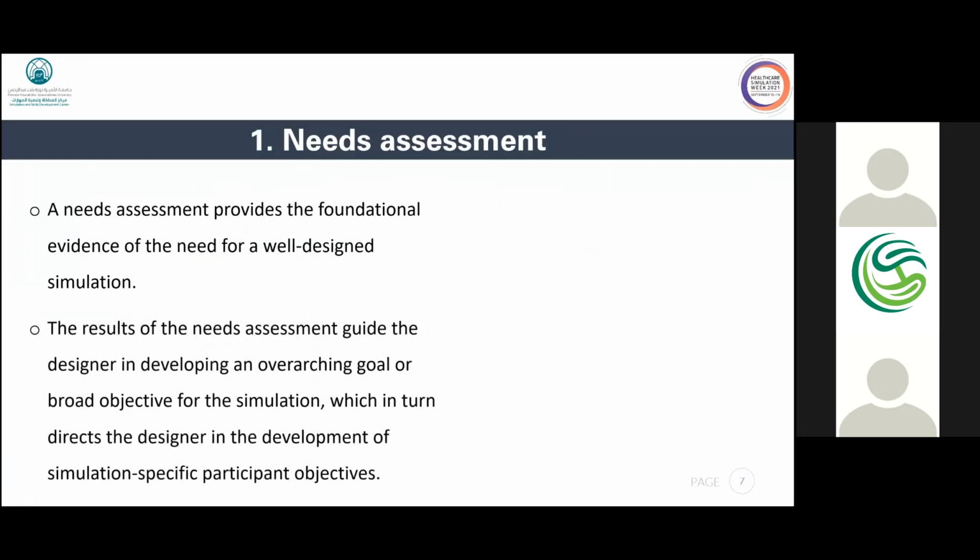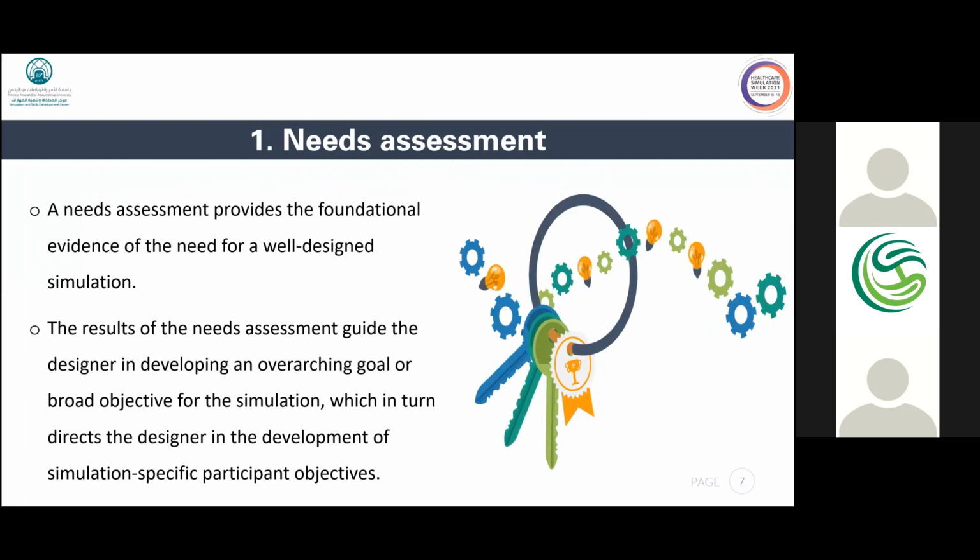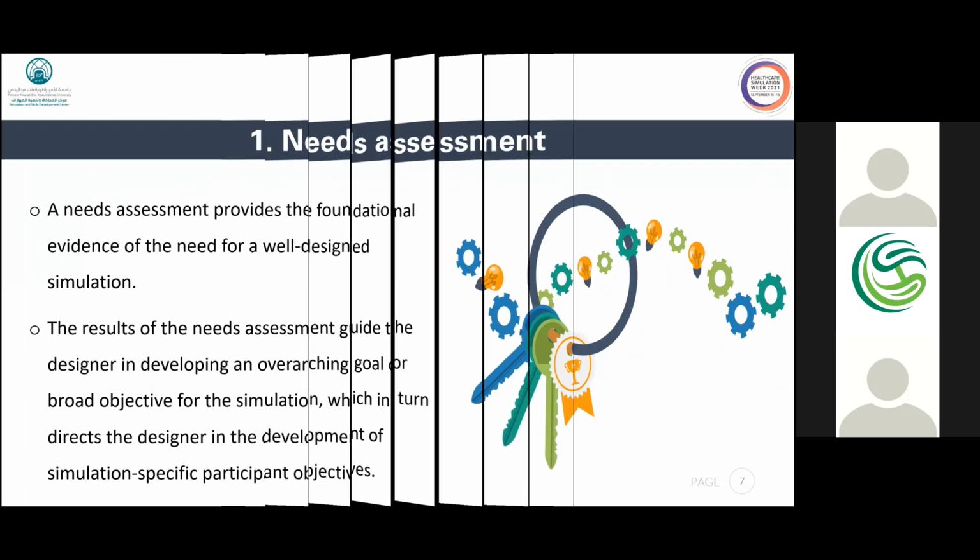The first step, which is needs assessment: you need to explore the gap in your organization, curriculum, or program, to be able to design a simulation experience that caters to this gap, targets to fix it, and trains your participants based on that.